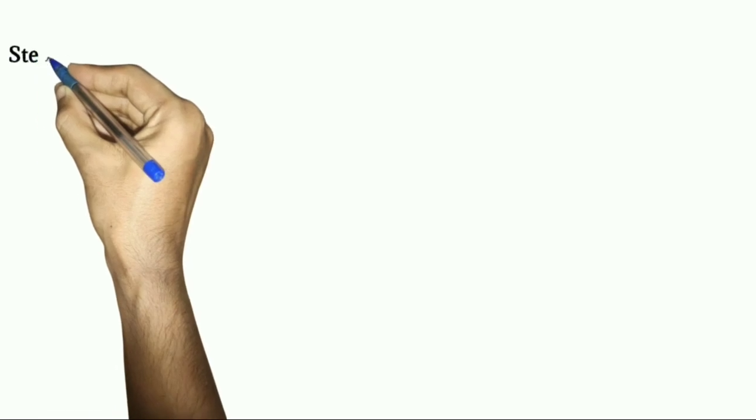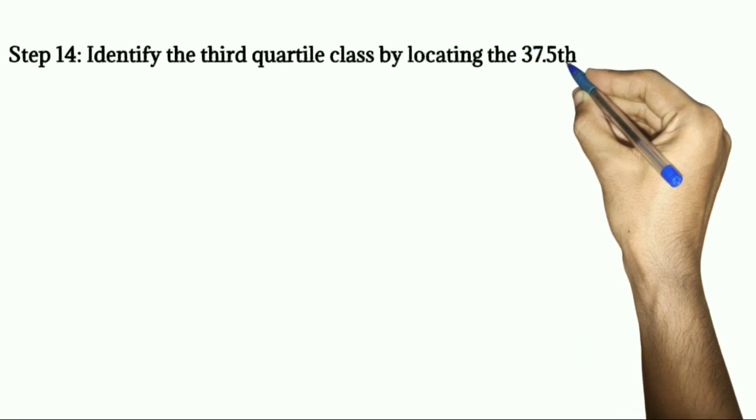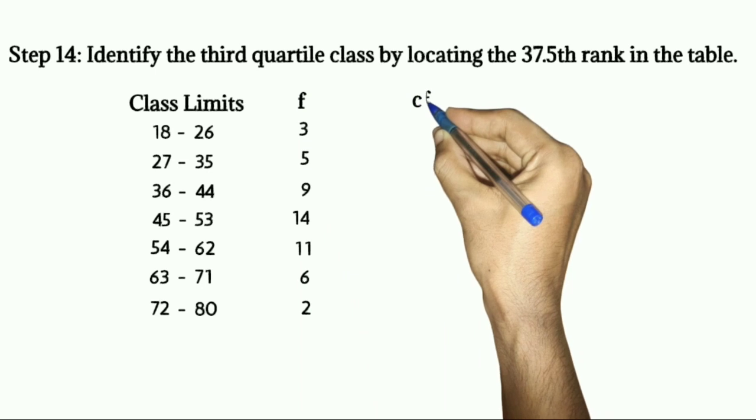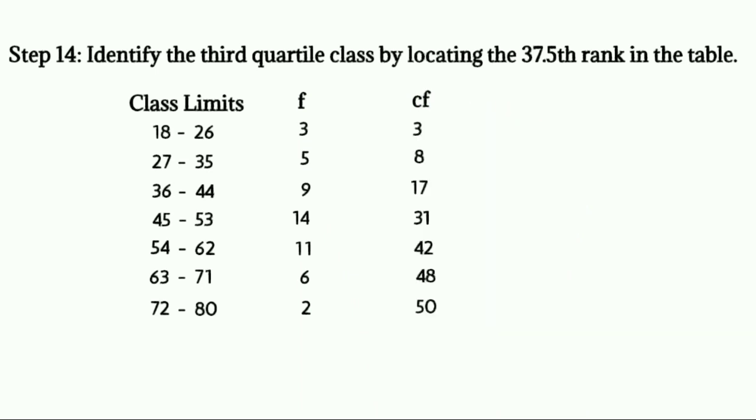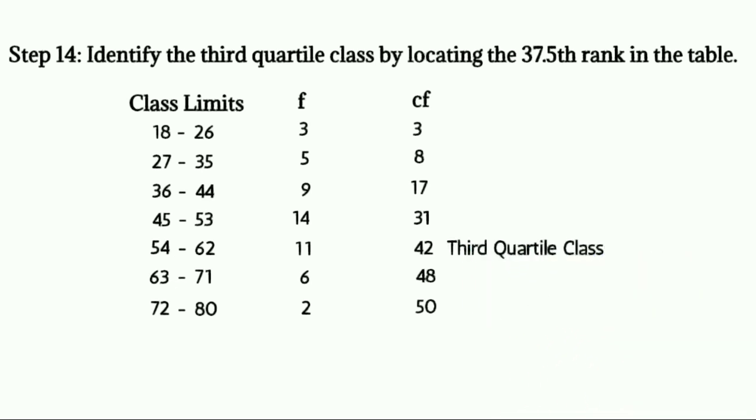After that, the next step is to identify the third quartile class by locating the 37.5th rank in the table. Yung 37.5 mas mataas sa 31. That means the third quartile class is this, because this class covers the 32nd to the 42nd rank in the frequency distribution.